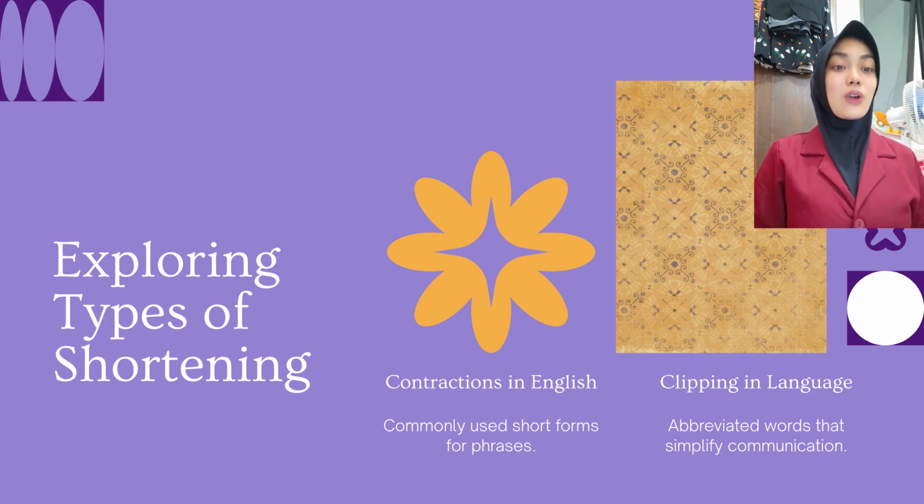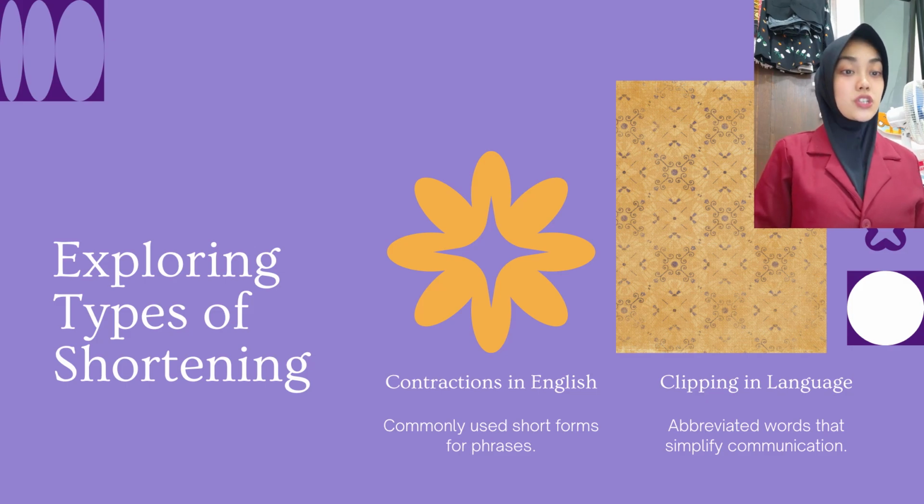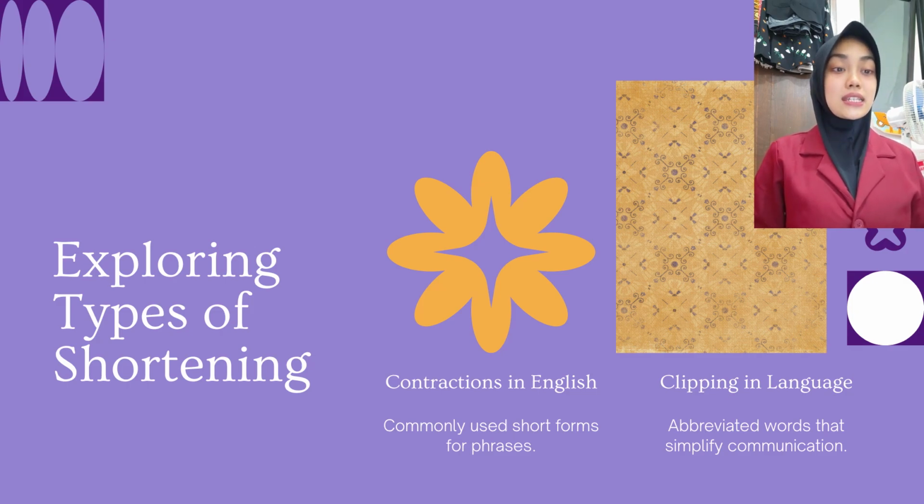Okay, so the second one is consonant shortening. In consonant shortening, this involves reducing the duration of a consonant sound. The example is seat versus seat.